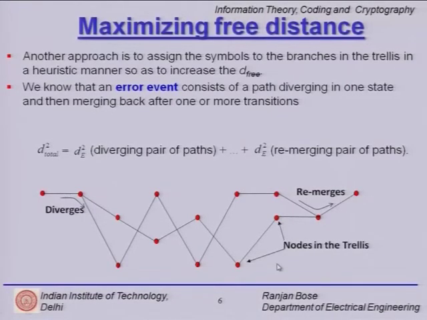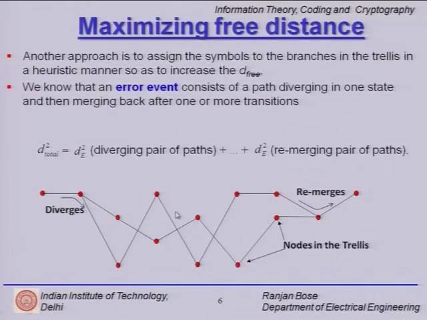So, this constitutes an error event. What happens is we transmit a sequence of bits and it corresponds to a path in the trellis, for example this path, and at the decoding end, suppose we are using Viterbi, we decode another path in the trellis, and therefore this constitutes an error event.